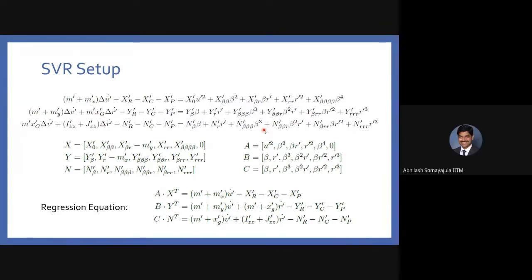Yes. So consider his second equation there, the one with respect to the sway force. Let's say all the other terms are very small. Beta cube is small, beta square times r is very small, beta times r square is small, and r to the power cube is very small. Then the contribution due to the last four terms is really small in the dynamics.